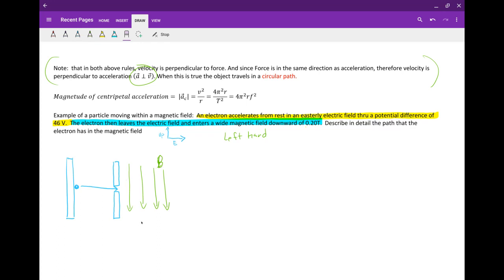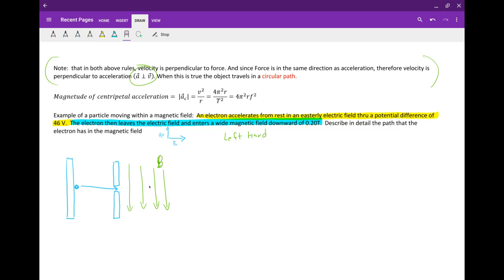So that would be like this way, down, this way, right? And then I'm pointing my thumb on my left hand in the direction of the velocity, which would be that way. So imagine, basically now my palm is sort of facing out towards you guys, okay?